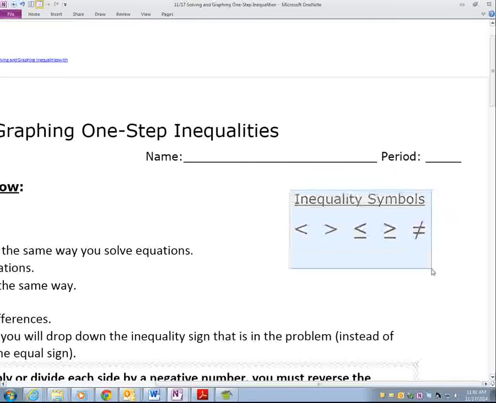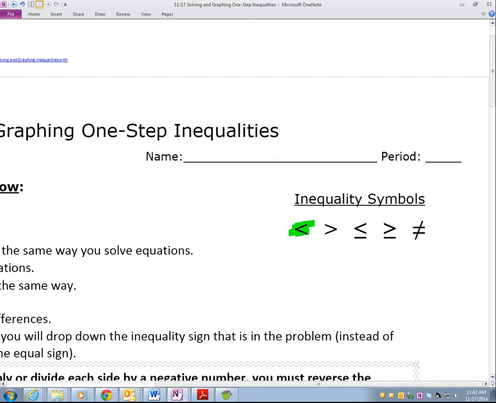inequality symbols, these are all the inequality symbols. And the way that it works is you have this symbol here, which means what? Less than. There's a couple different ways. You guys learned this when you were younger, the alligator eating the bigger number.